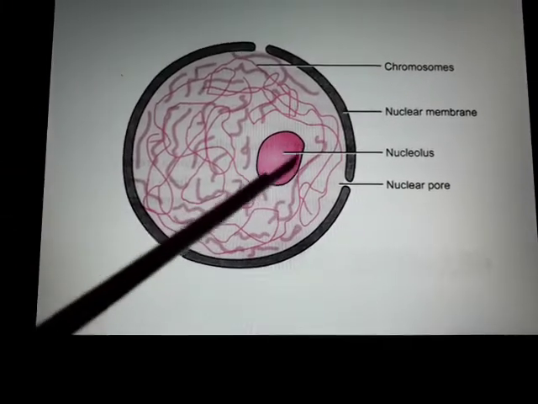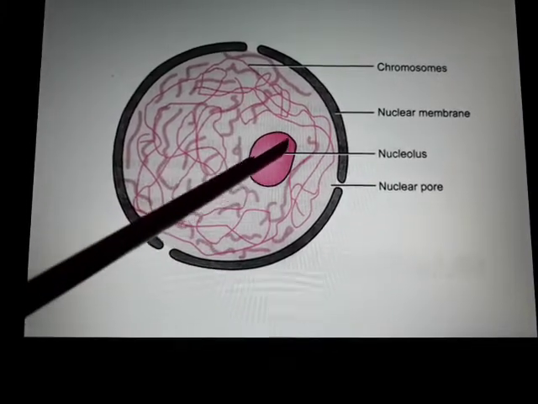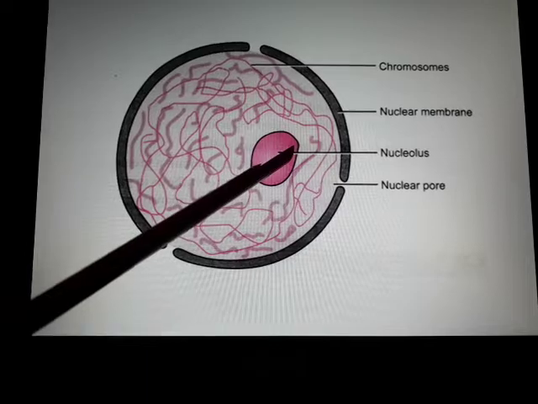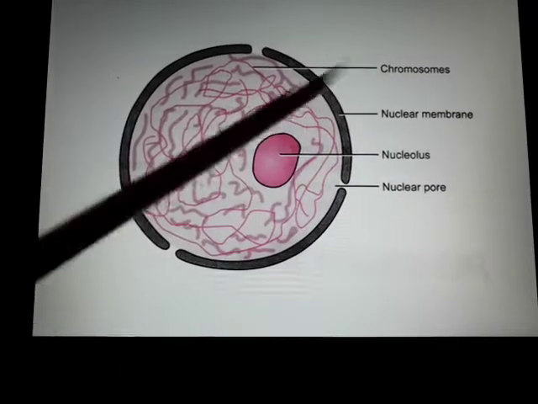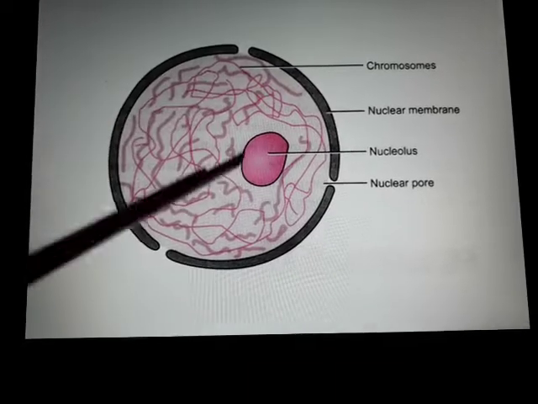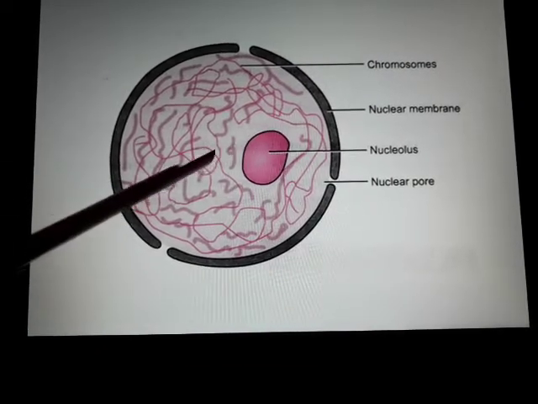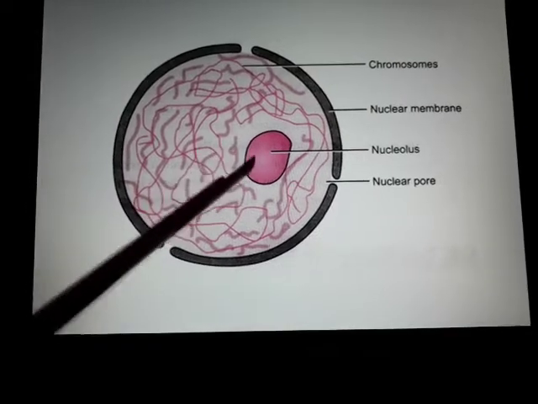Then you can see a very dark structure. This is called the nucleolus. The plural of nucleolus is nucleoli. In some nuclei, more than one nucleolus is found, and then we name them nucleoli.